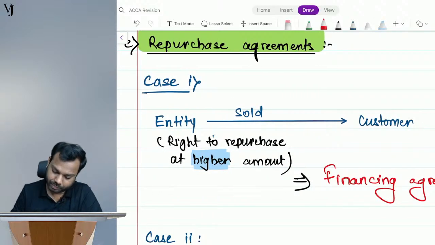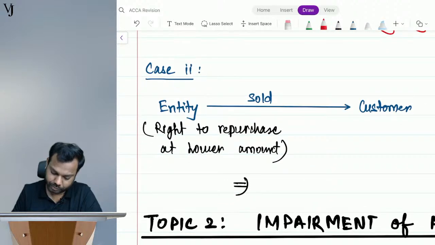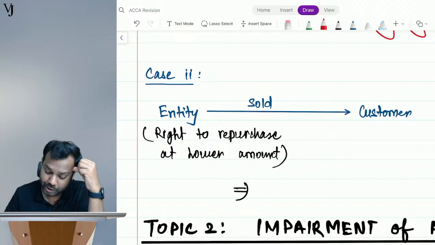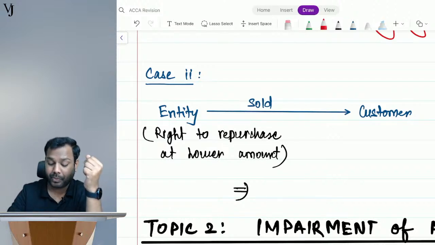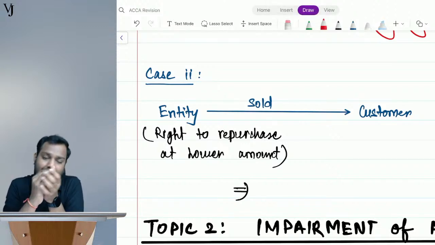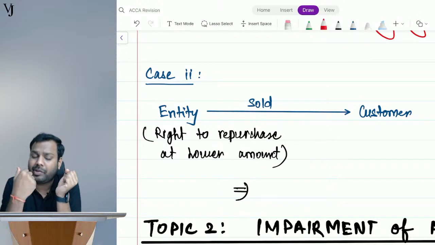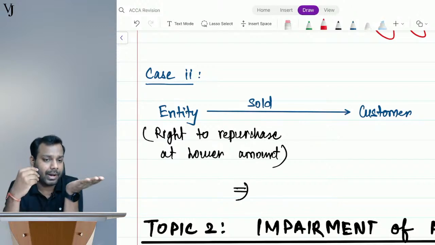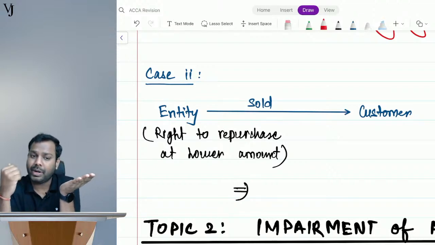Case number 2. Entity sold the goods to the customer with a right to repurchase at a lower amount. It means I have sold the goods to you at $100, and after 1 year, I will repurchase it from you at $90. So I got 100 now, and after 1 year, I have to pay 90.